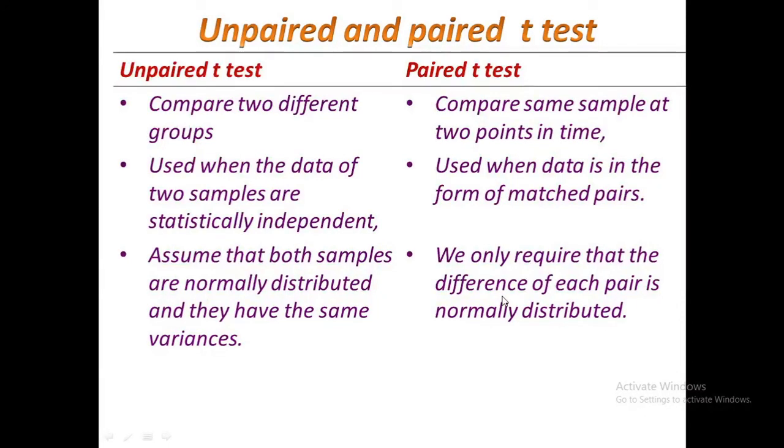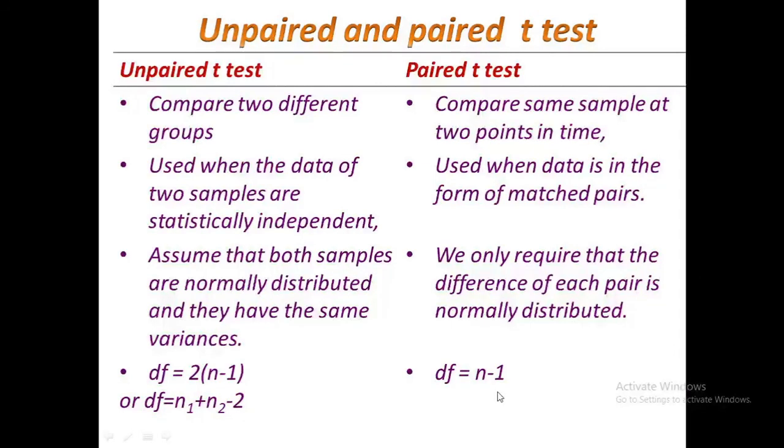An important parameter in the t-distribution is the degree of freedom. For two independent samples with equal sample size, the degree of freedom will be 2n minus 2, whereas n1 plus n2 minus 2 should be used to find out the degree of freedom for an unequal sample size independent t-test.